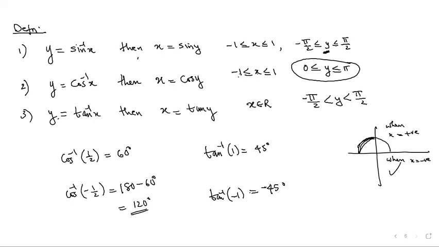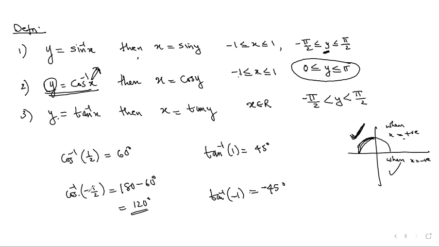Did you get the idea? Yes, sir. Sir, can you explain this one again? See, when I write y is equal to cos inverse x, what is the value of y? From 0 to 180, no? If the value of x is positive, the angle y will lie in the first quadrant. If the value of x is negative, then y will lie in the second quadrant.